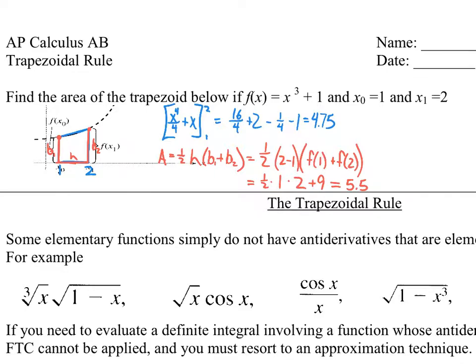Here we have some functions at the bottom that we don't have any antiderivative rules for, so we can't use F of b minus F of a. And doing it with Riemann sums may or may not work in these cases either. So we're going to use trapezoids. Again, notice what we're doing here. We're evaluating a definite integral. These don't have an antiderivative, so we can't do the indefinite integral.